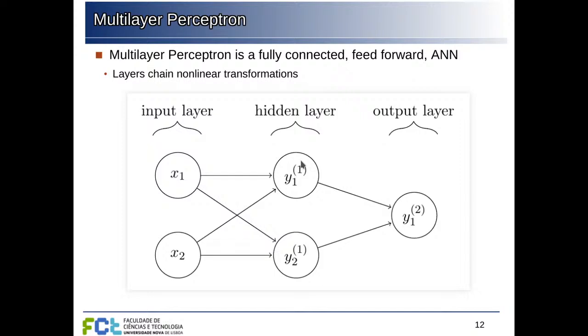There are no loops here, and it's fully connected because each neuron on one layer is fully connected to the other layer. In this case, we have just a very simple multilayer perceptron, which has the inputs here. Then we have one hidden layer of 2 neurons, and these are all connected to the output neuron, which is the second layer. So we only have 3 neurons in 2 layers.